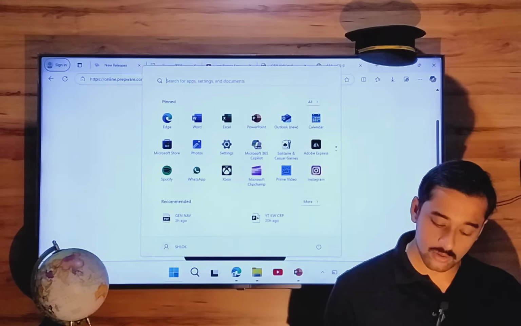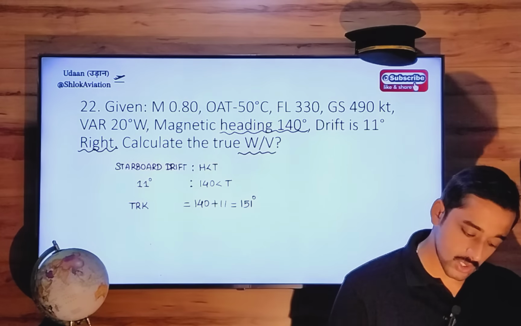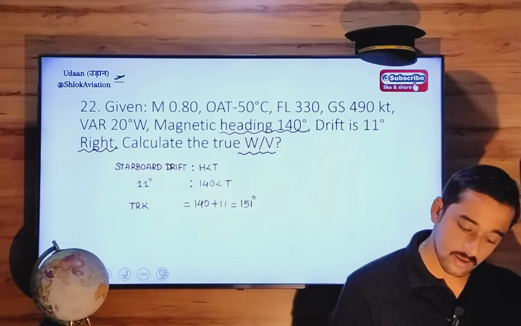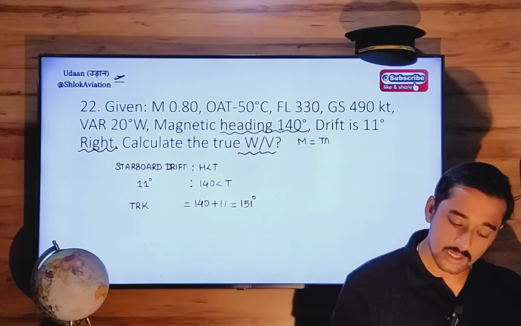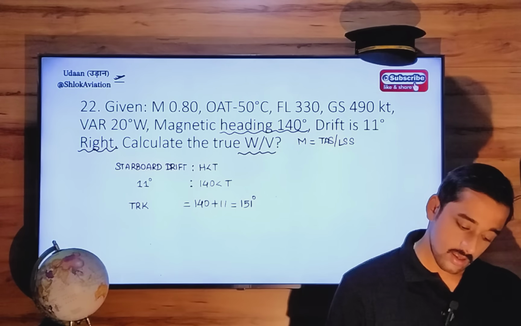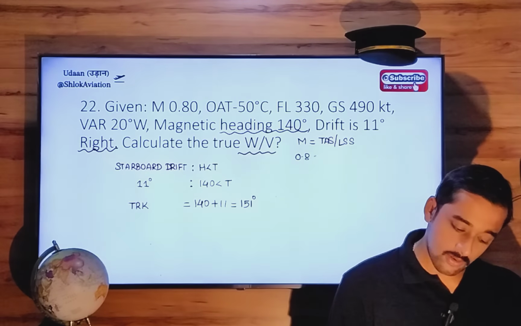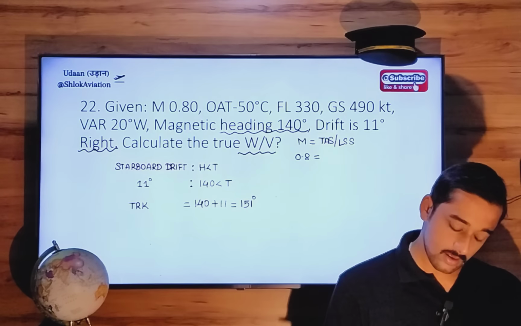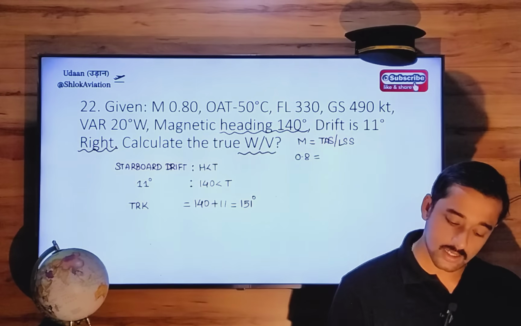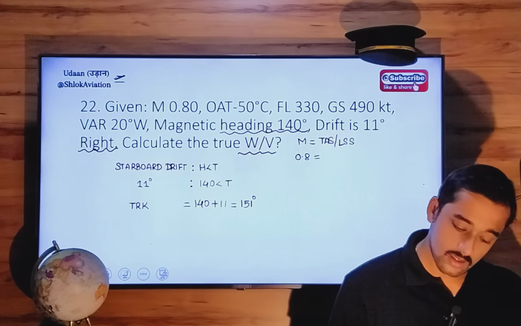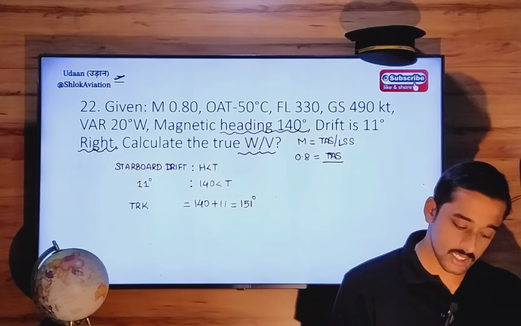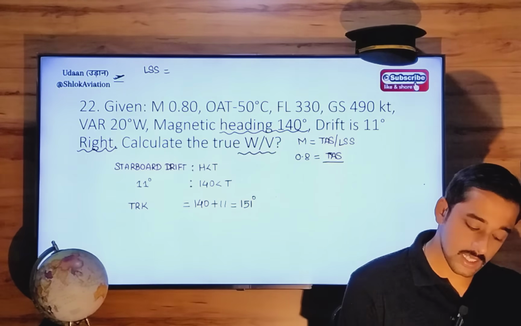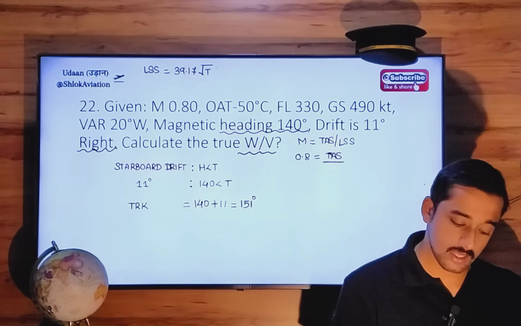So true airspeed is to be found out. So Mach number is TAS divided by local speed of sound. 0.8 equals TAS divided by local speed of sound, which is what? Local speed of sound is 39.17 root of temperature in Kelvin.